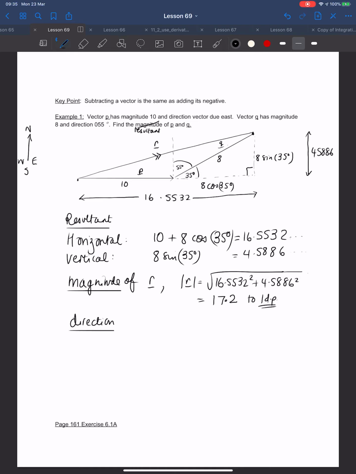Right, so the direction. We can work out the angle theta that I've just drawn in there. We've got the opposite and the adjacent, so tan of theta is opposite over adjacent: 4.5886 divided by 16.5532.